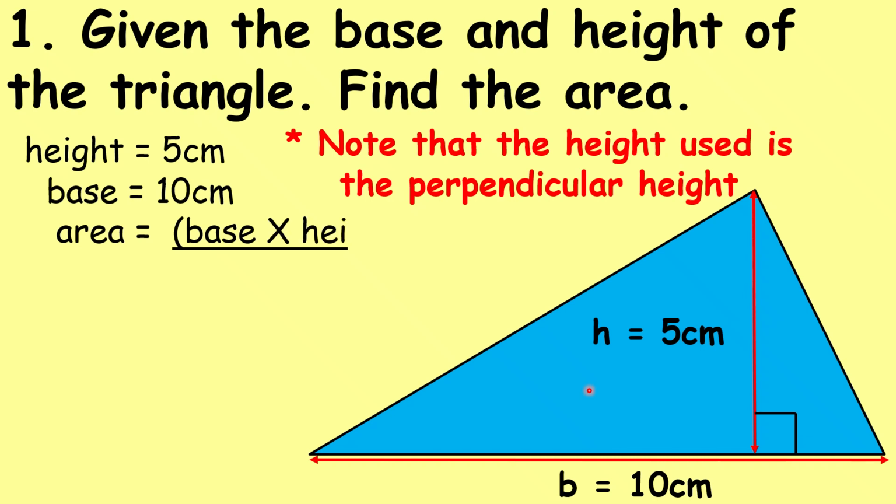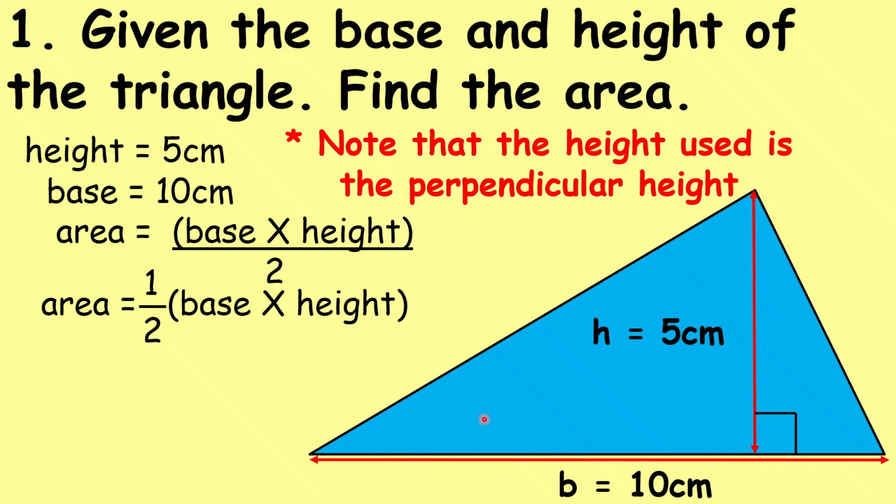The area of a triangle is simply the base times the height divided by 2. That is, the base times the perpendicular height divided by 2, which can also be expressed as half base times height. We know our base is 10 centimeters, and the perpendicular height is 5 centimeters.